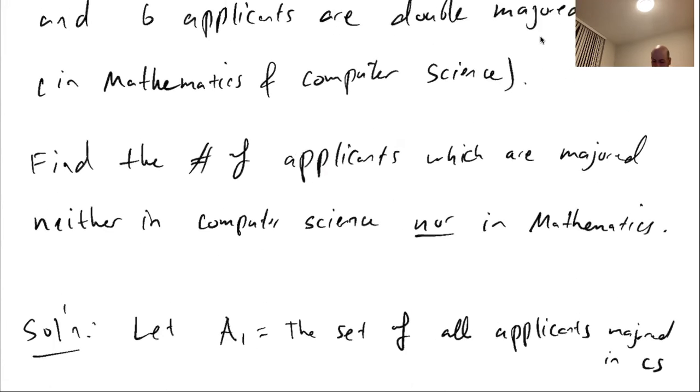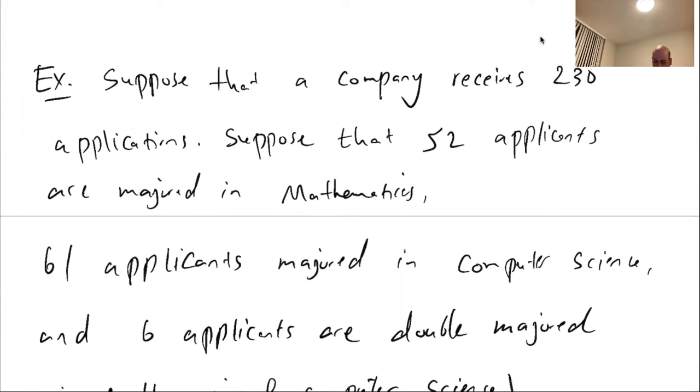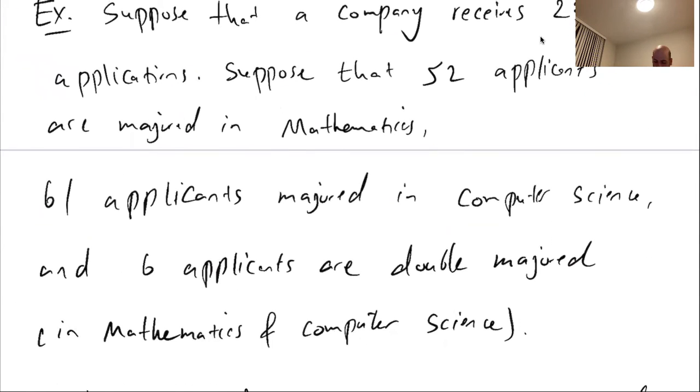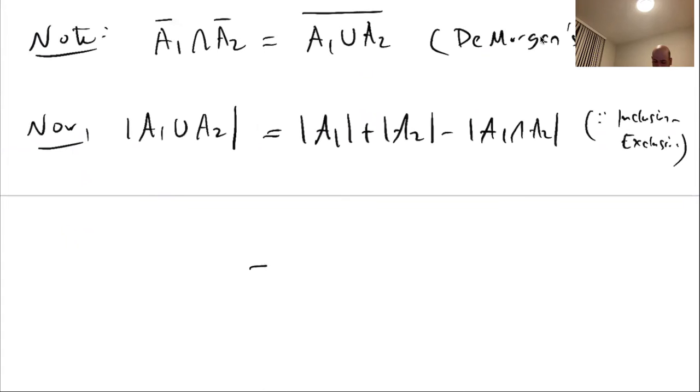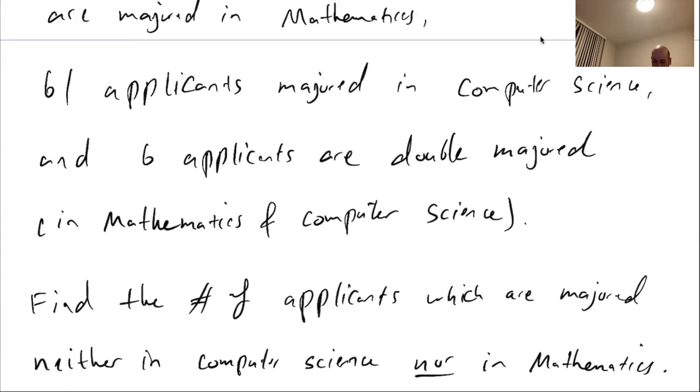How many elements do we have in A1? A1 was majored in computer science. We had 61 of them and 52 of them in mathematics, and there are only 6 of them which are common or double majored.